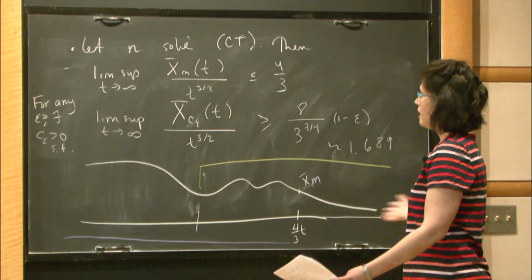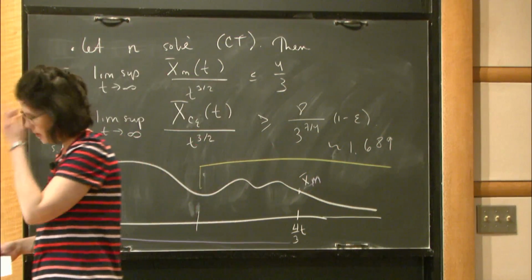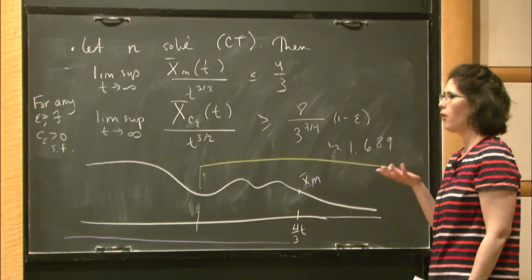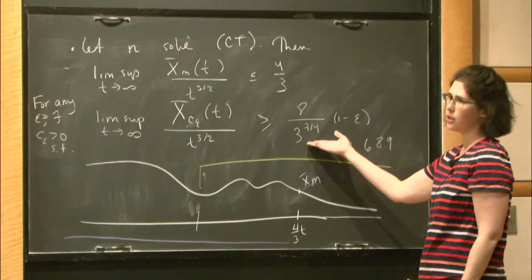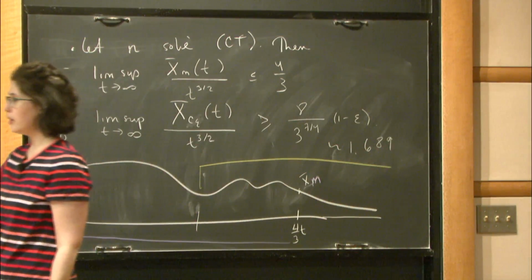So there is this big gap. And they conjecture that this is a fault of their proof, and that actually this number should be 4/3, like in the local case.